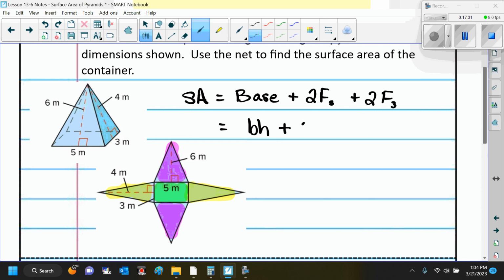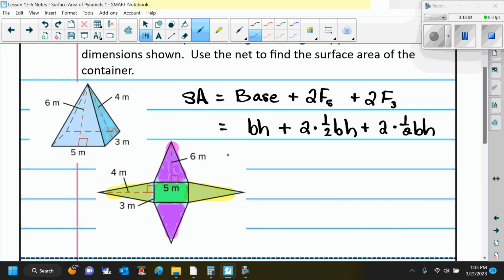So that's 2 times 1/2 base times height for the triangle with the base of 5, plus 2 times 1/2 base times height, and this one is going to be a triangle with a base of 3. You got to make sure you keep them straight. It looks the same here, but you need to make sure you keep it straight and what you're substituting.